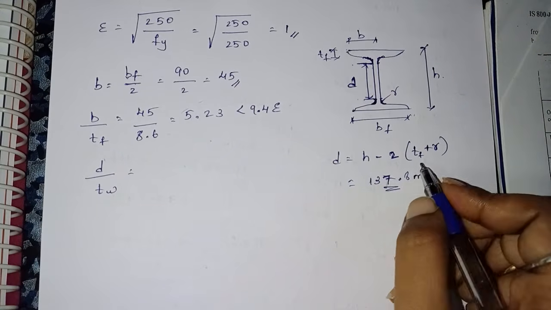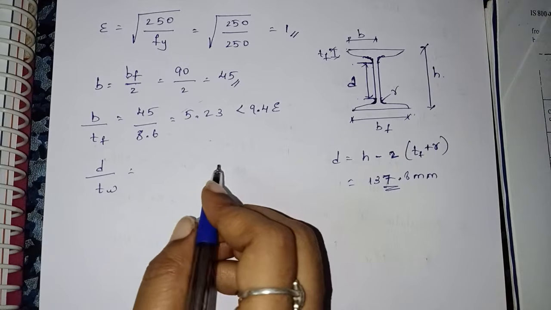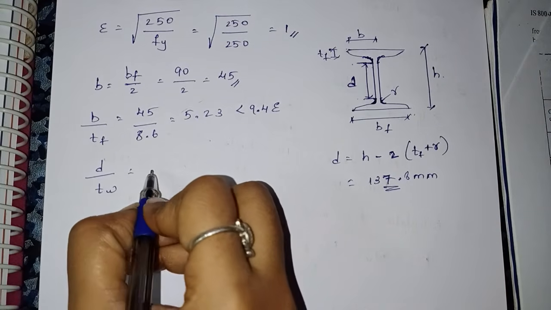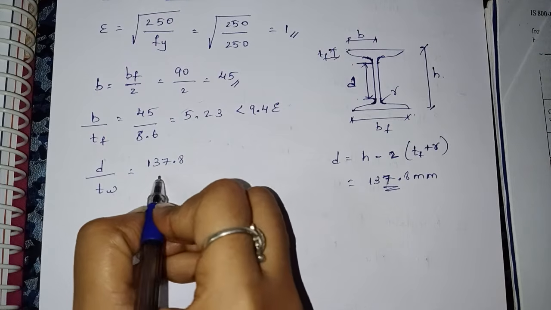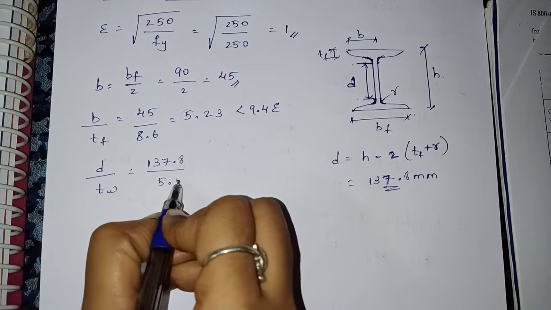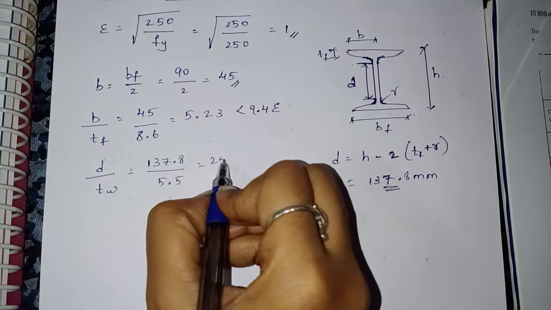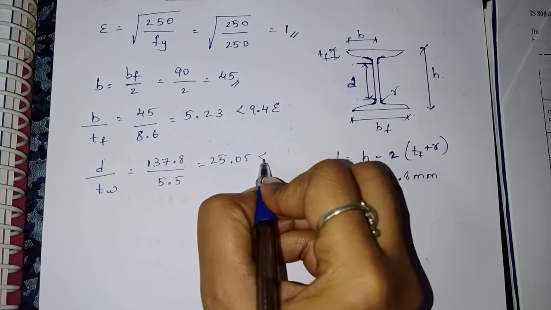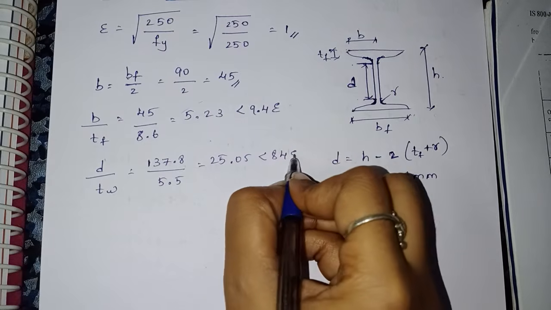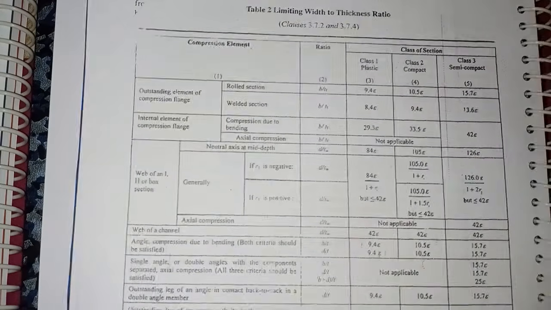Height h is 175. So what is d now? 137.8 divided by 5.5, where the thickness of the web is 5.5. You will get something around 25.05, and that is lesser than 84 epsilon.